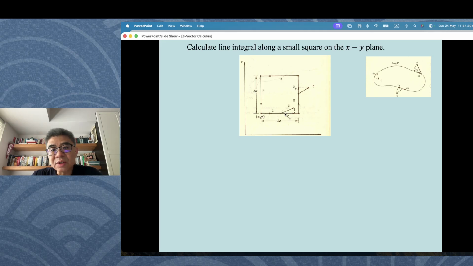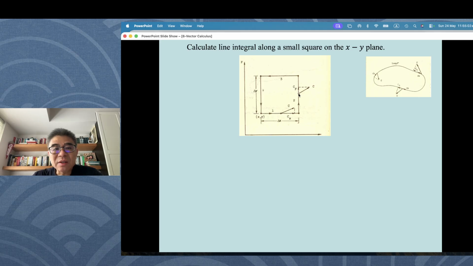So there is a path on the boundary of it. From here to here, we call it section 1, section 2, section 3, and section 4. Then I will calculate, and on this diagram, the electric field is called E. Imagine this is the electric field.